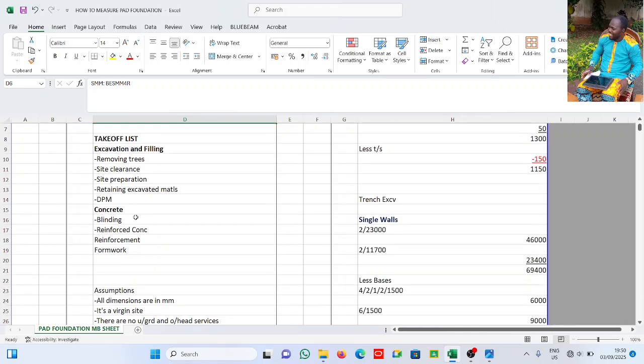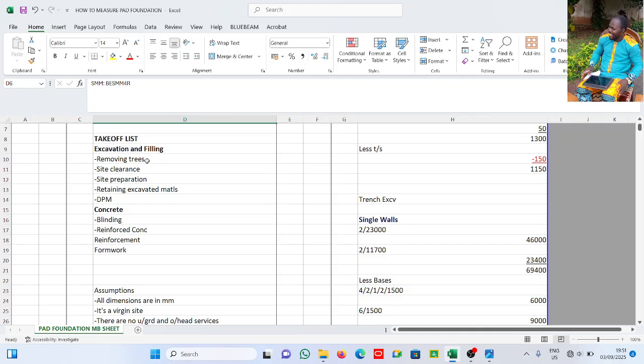So basically, you see these are takeoff lists here. If we have a virgin site, there might be trees and we may need to do some clearing, or there might be no trees. Somebody might say, I assume there are no trees. These are just assumptions you make, because if you are following your BESMM4R, it goes step by step, removal of trees and site clearance.